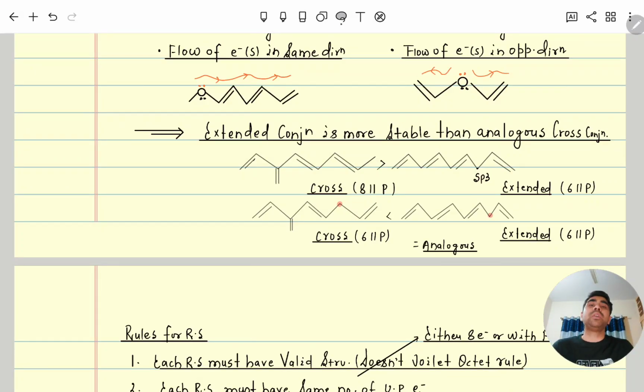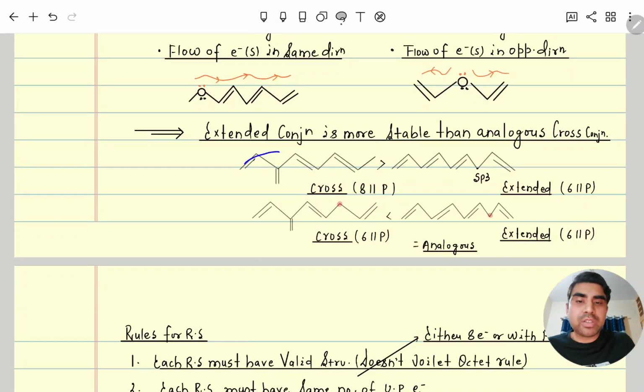Because the more the electrons flow from high electron density to low, the more energy will be released. Due to that, the overall energy of the molecule decreases, and that energy is called resonance energy, and due to that the molecule becomes more stable. Here you can see extended conjugation is more stable than analogous cross conjugation.